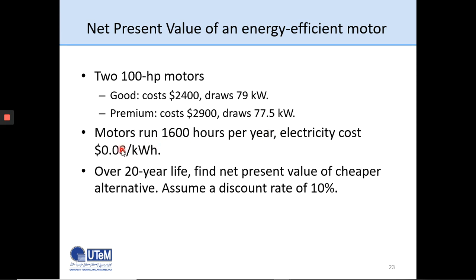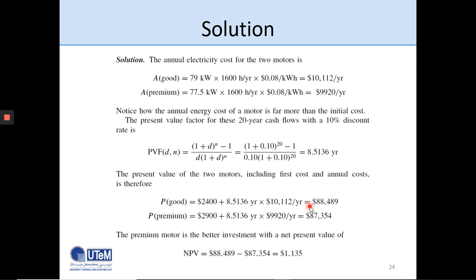Let's say the motor runs about 1,600 hours per year, and the electricity cost is 8 cents per kilowatt hour. You want to find the net present value of the cheaper alternative over a 20-year lifetime. We assume the motor will last at least 20 years. So should you buy the premium motor or the good motor? We assume a discount rate of 10%. So let's look at the answer.